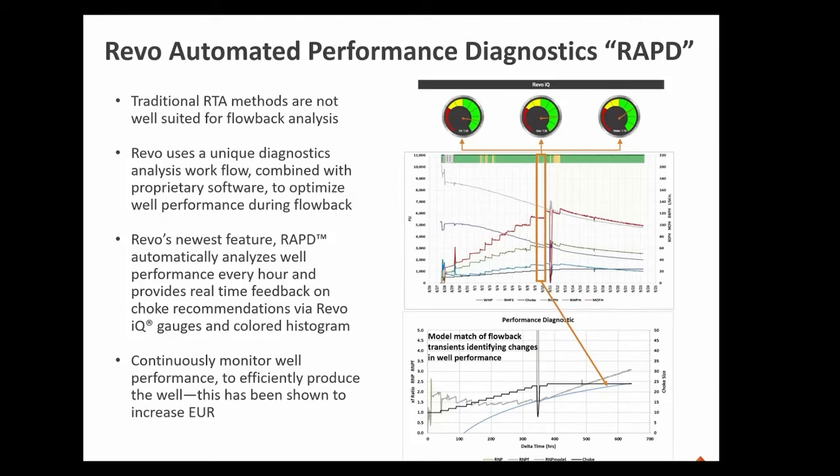So if your skin is changing, or if your fracture half-length is changing, or if your permeability is changing, the magnitude of that change we reflect in these color bars right here. So if there's an increase, let's say, in your fracture half-length, it's going to show up as green in here. If it stays the same, it's going to be yellowish, greenish. If it's decreasing, it's going to be red.